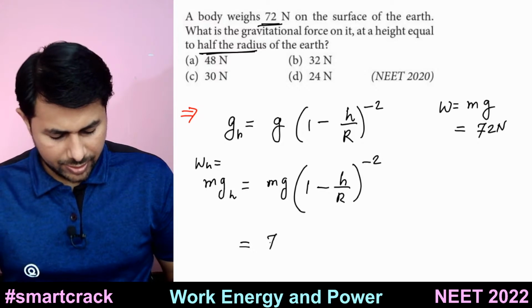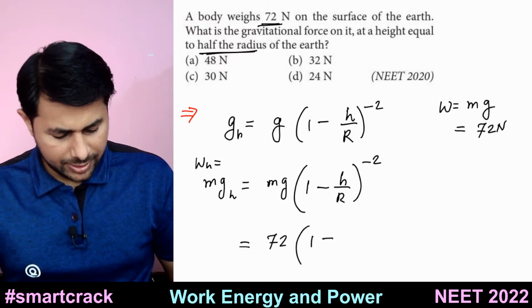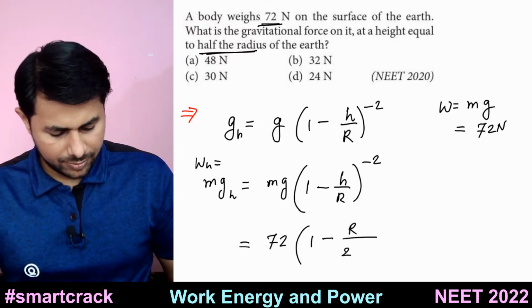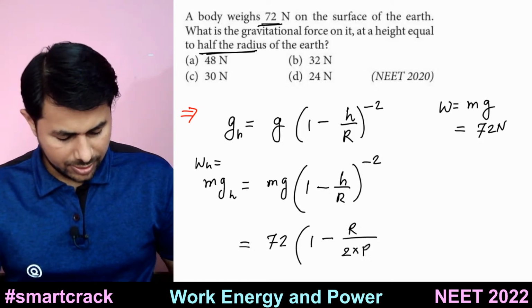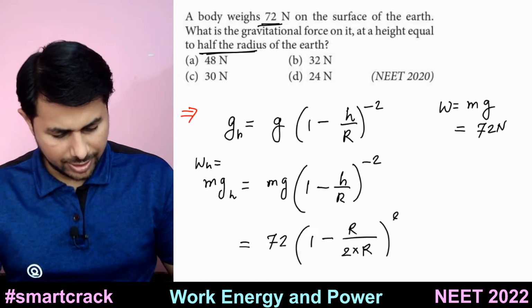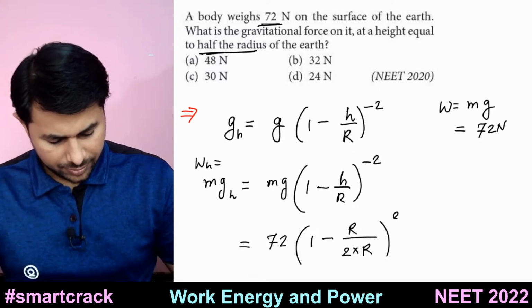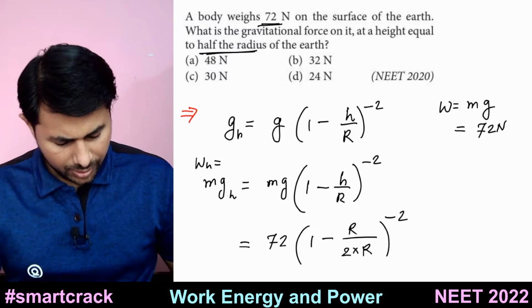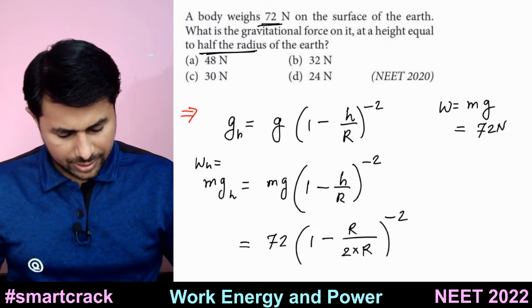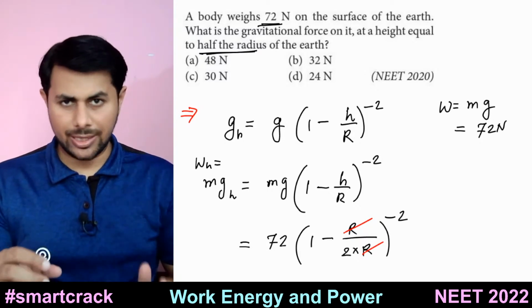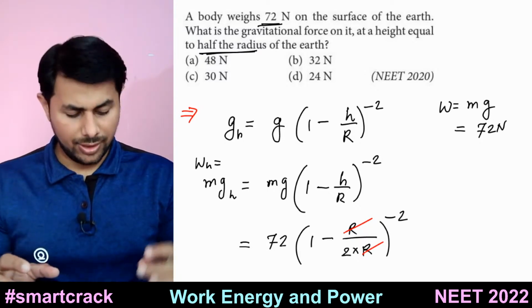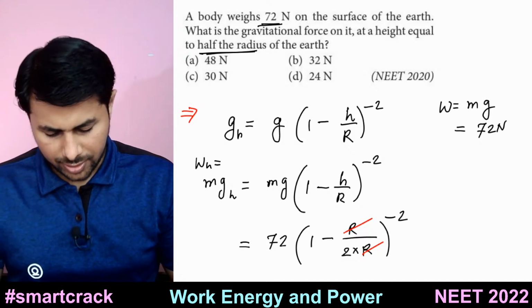So 72 multiplied by (1 minus R by 2, the value of h, into R) raised to minus 2. And R gets cancelled out. So it is 1 minus 1 by 2, raised to minus 2.